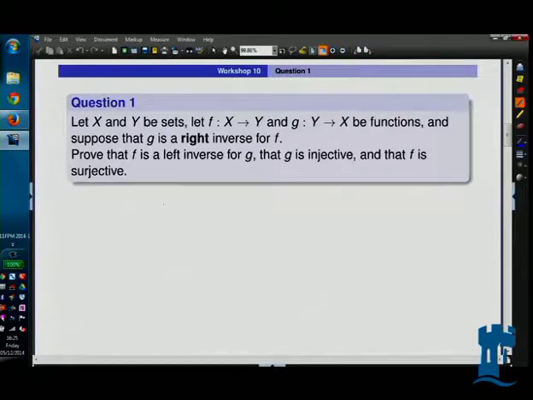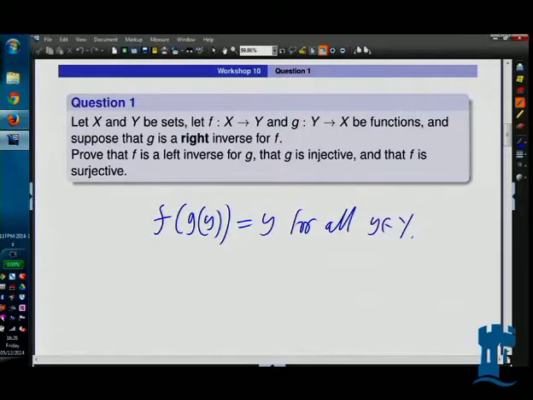So f of g of y is equal to y for all y in Y. That was using the fact that was from our definition.